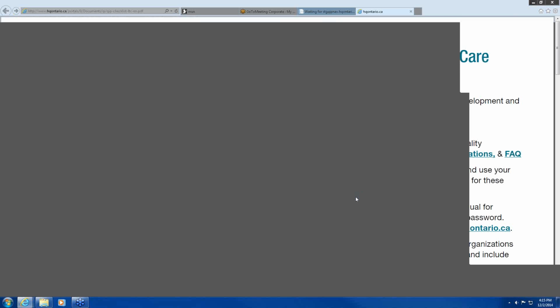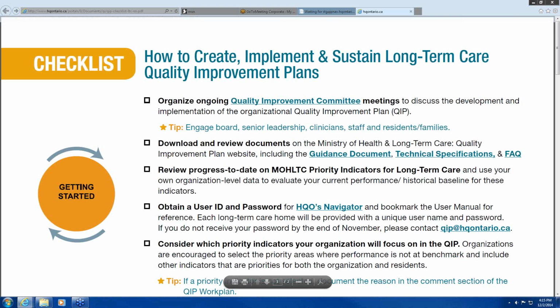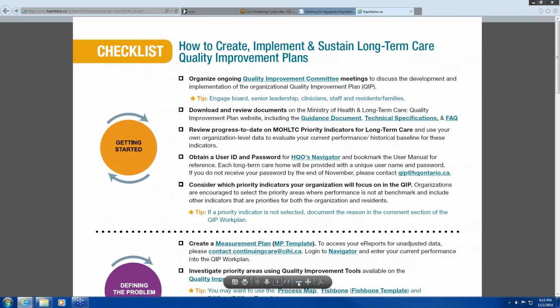I'll give you a little taste of this checklist. We heard a lot from your sector that you were looking for something that was very easy, quick reference that would have actual links in it. And I'm trying to get this to shrink, but it doesn't. There we go.